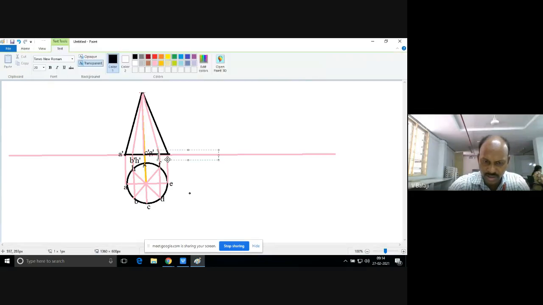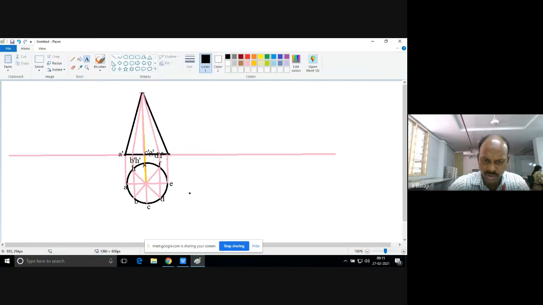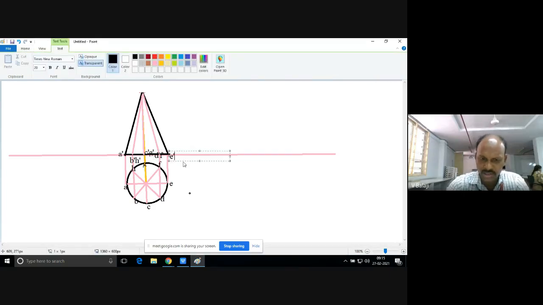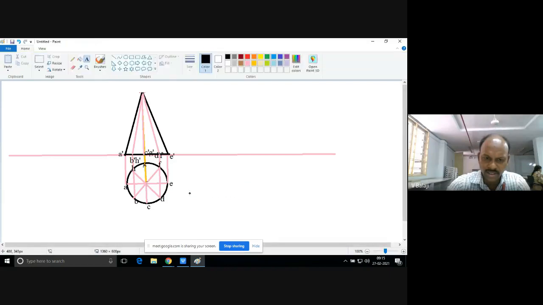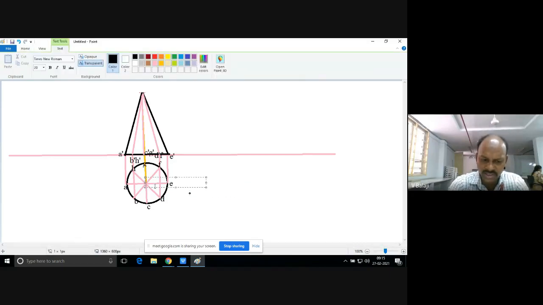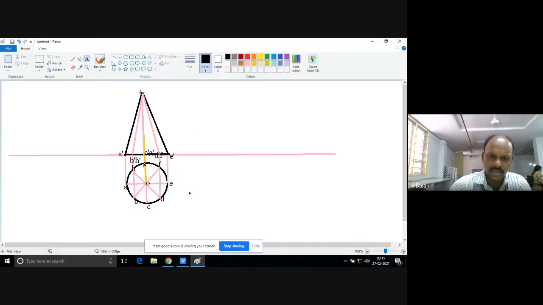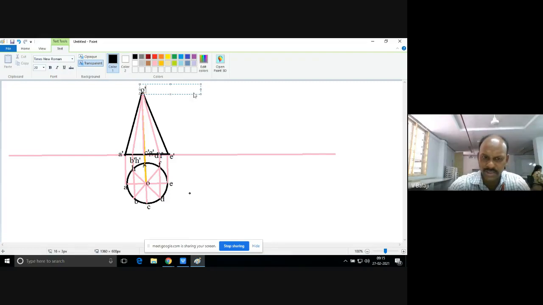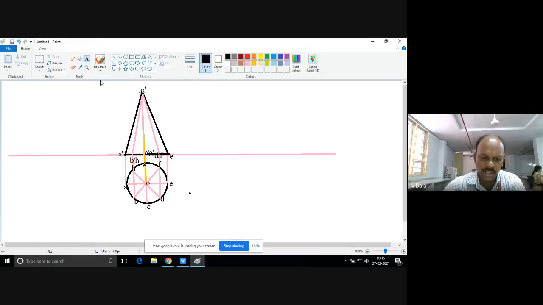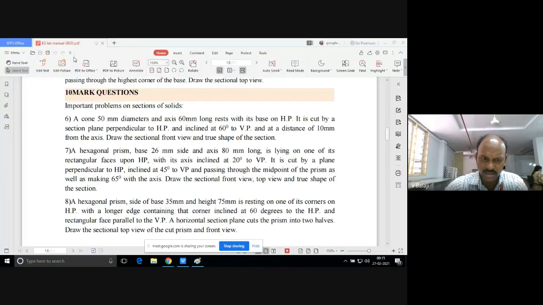So a projector is passing through F and D. Along the same projector, you will find E dash and F dash. Lastly, you have one more projector passing through E, that is going to be E dash. In the axis, some O1, O2, or you can say simply O. Then the apex point will be O dash. Now, up to this, at least you will get 3 marks out of 10 marks.